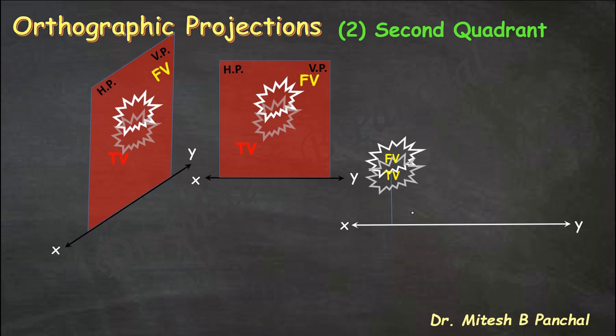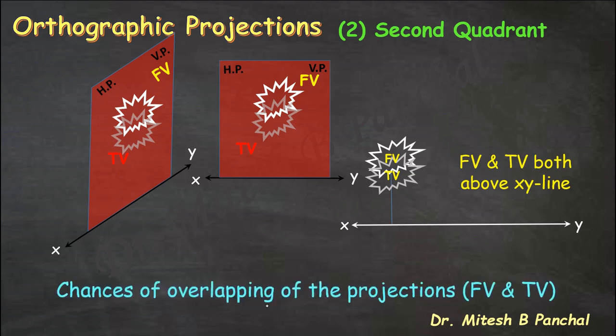XY line, front view and top view both are on the same side. Here front view and top view both are above XY line. So there are chances of overlapping of the projections. Front view and top view can be overlapped. That depends upon the dimensions with respect to HP and VP, but there are chances of overlap.